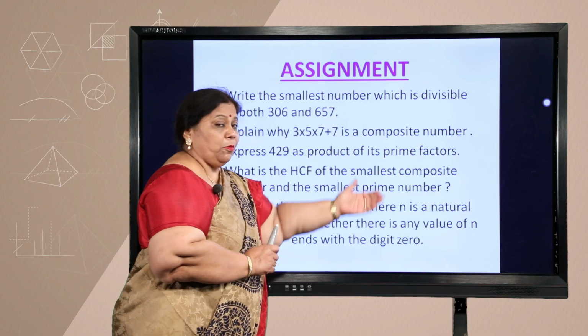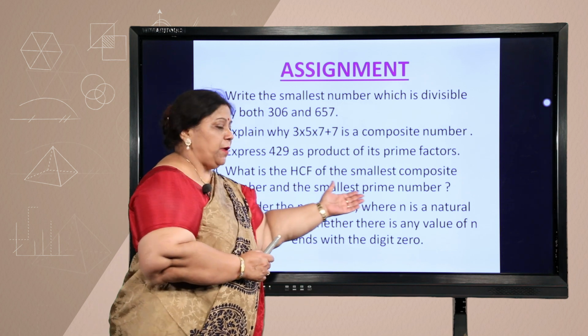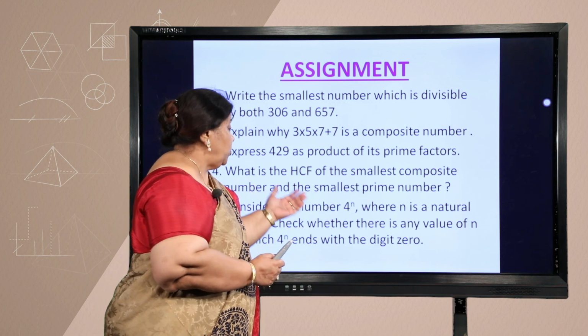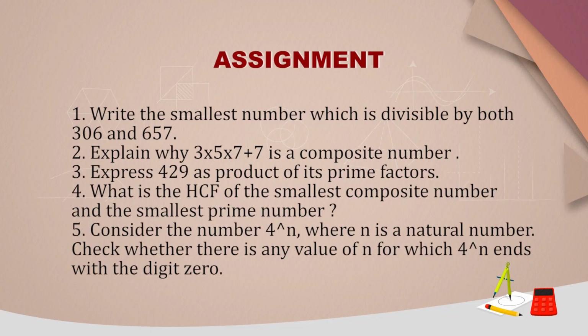What is the smallest composite number? 4. And what is the smallest prime number? 2. Now, I think you can find out the HCF. Next question, consider the number 4 to the power n, where n is a natural number. Check whether there is any value of n for which 4 to the power n ends with the digit 0.